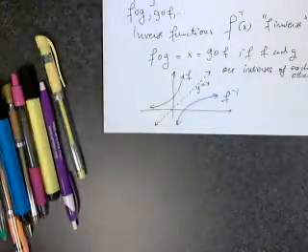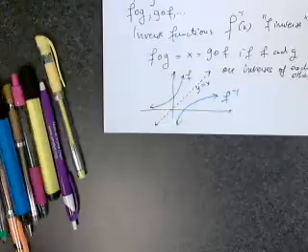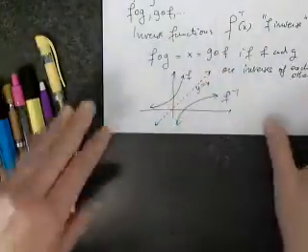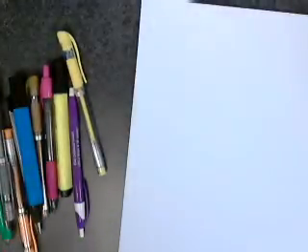And also how to find the inverse function of a one-to-one function. So maybe we should review this a little bit. Let's choose a function, actually two functions, and let's review 12.1 first.